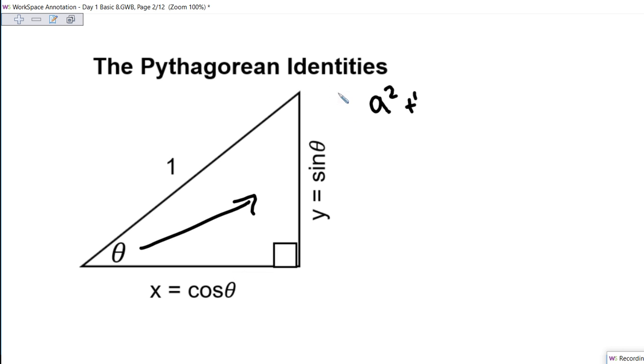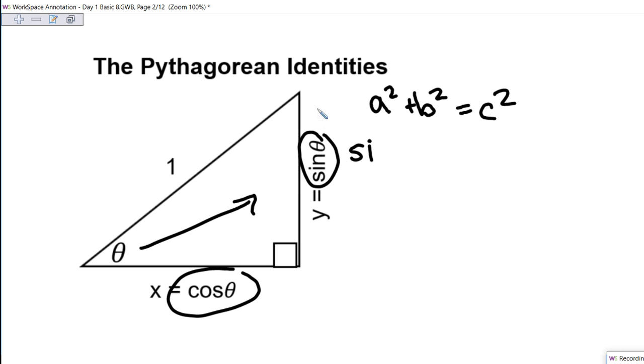Now for the Pythagorean identity, first of all, what is Pythagorean theorem? A squared plus b squared equals c squared, where a and b are the legs. Now my 2 legs, I have cosine and sine. Typically for the Pythagorean trig identity, the sine goes first. So it's sine squared of theta plus the other leg is cosine.